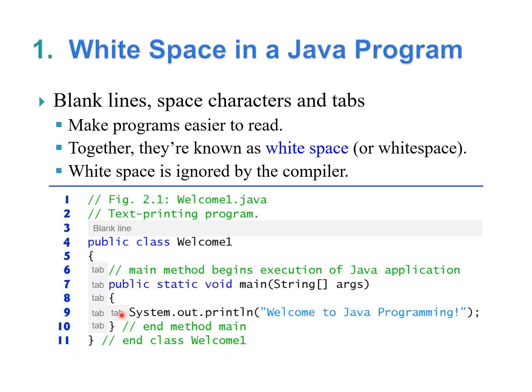Then the line between two nested pairs of braces begins with two tabs. Together, these characters are known as white space. White space is ignored by the compiler.